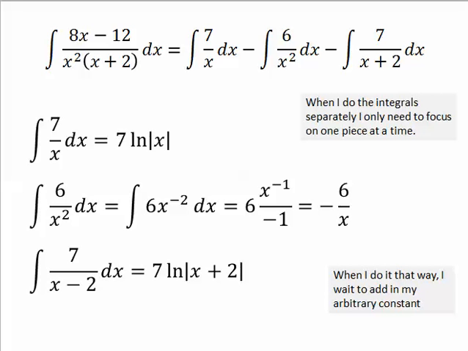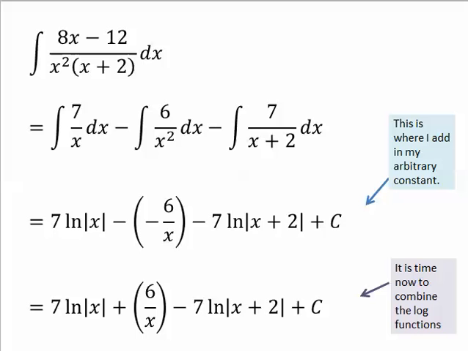So the first one, 7 over x, is a log. 6 over x squared, if you rewrite it as 6 times x to the negative 2, you see that it's a power problem. And then the third one is another log. All right, so on the third line, this is where I add my arbitrary constant.